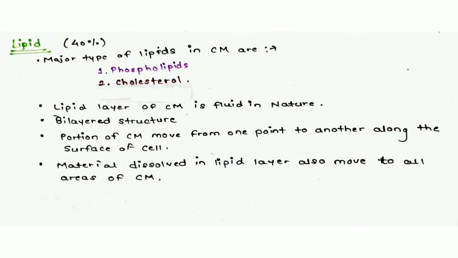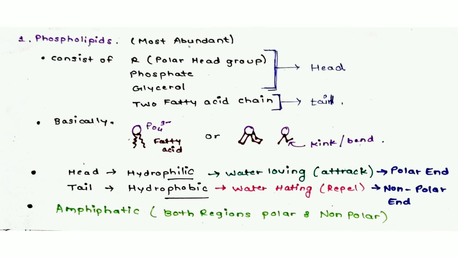First, phospholipid. It is the most abundant among the lipids. It is constituted of two parts, the head region and the tail region. The head region is made up of a phosphate group, a glycerol molecule, and a phosphate attached group, or your head group.